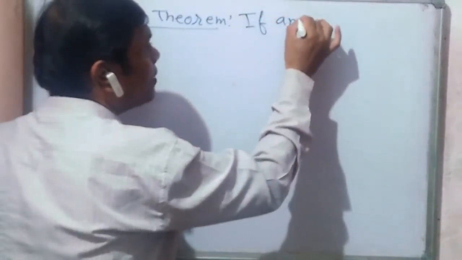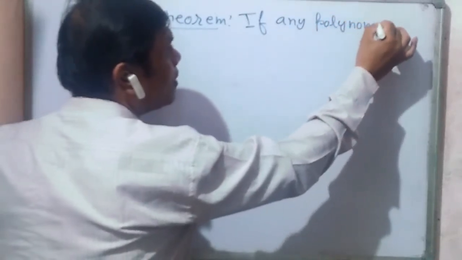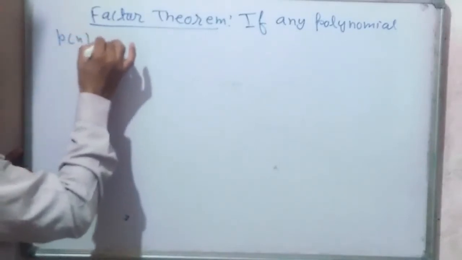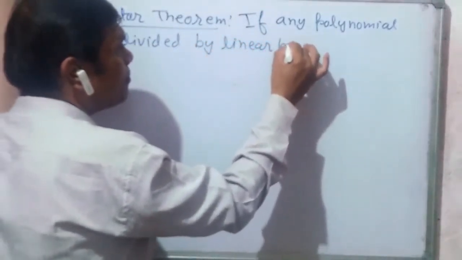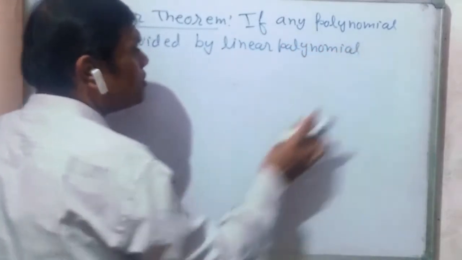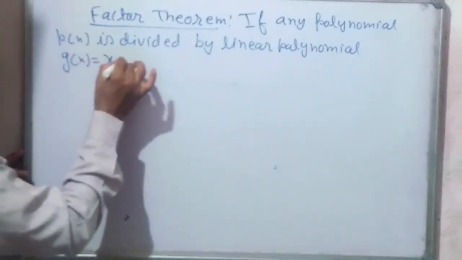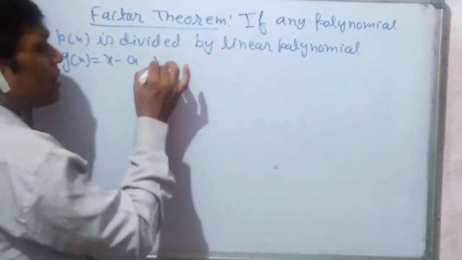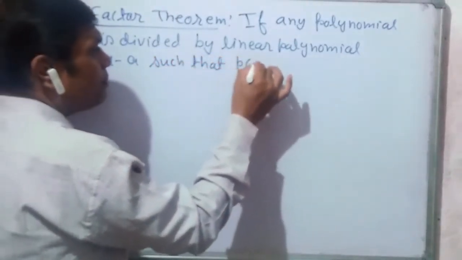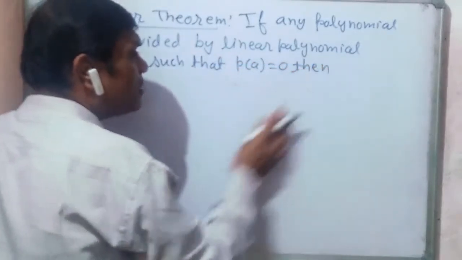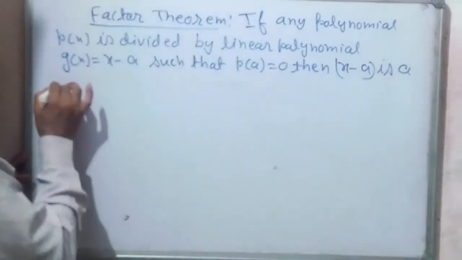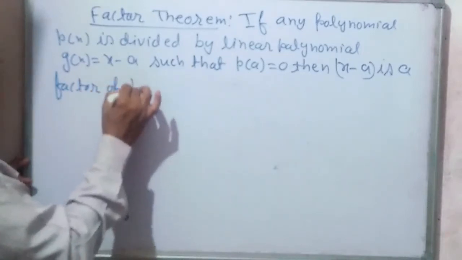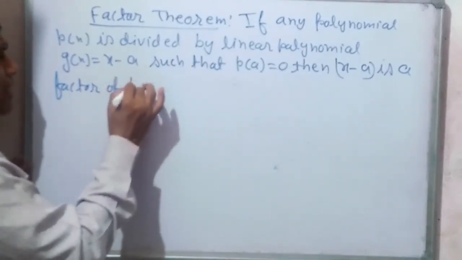What it says is that if any polynomial p(x) is divided by linear polynomial g(x) equals x minus a, such that p(a) is 0, then x minus a is a factor of p(x). I know your confusion. I will be addressing that just now.